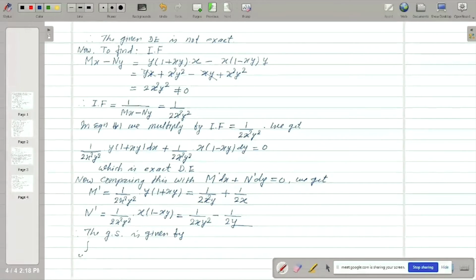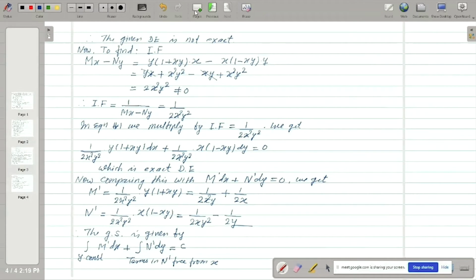Integrating M dash dx by treating y constant, and plus integration of N dash dy equal to c, where c is the integrating constant, by taking terms in N dash free from x. Okay, just integrate this.